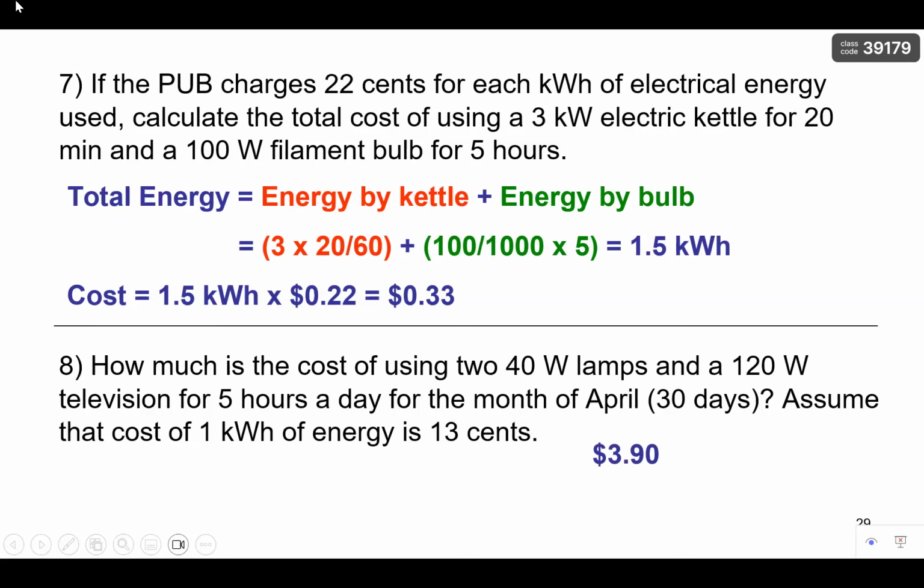I will get 1 kilowatt hour. And I need to use it for 30 days, so I'll get 30 kilowatt hours. Then I will times 13 cents, because 1 kilowatt hour is 13 cents. So I have 30 kilowatt hours and 13 cents, I get $3.90.